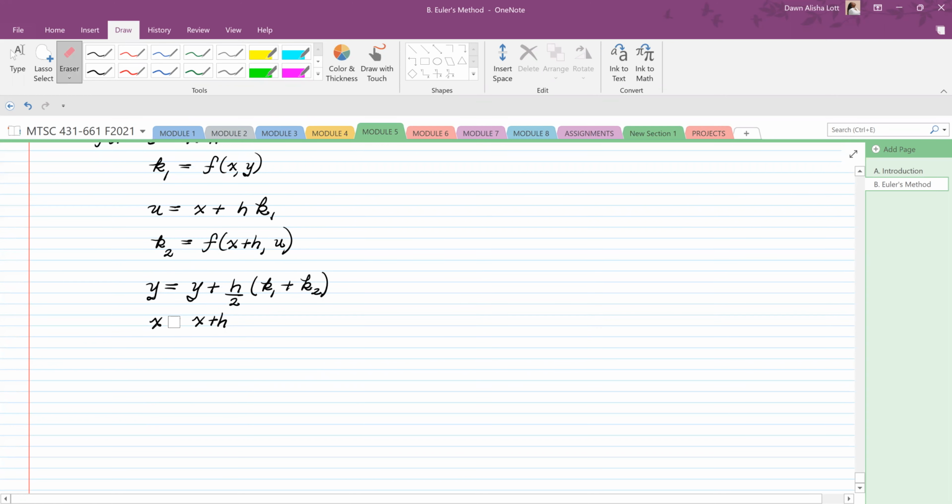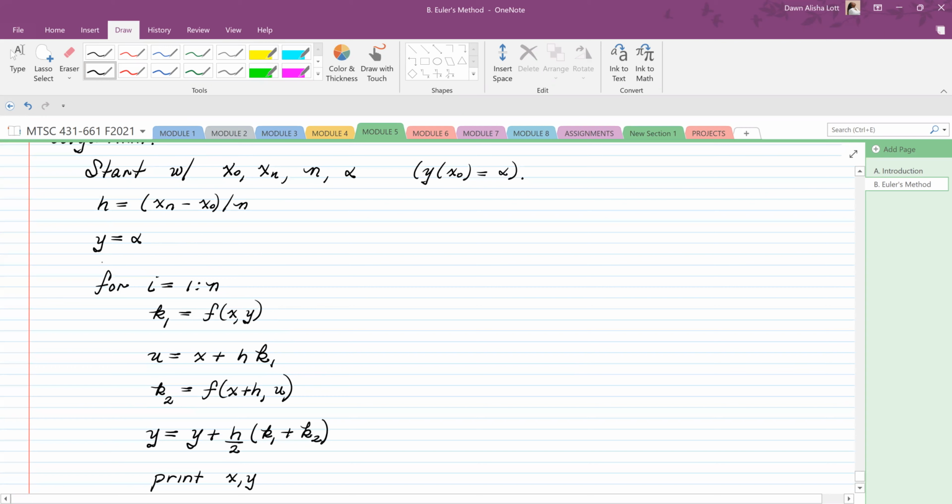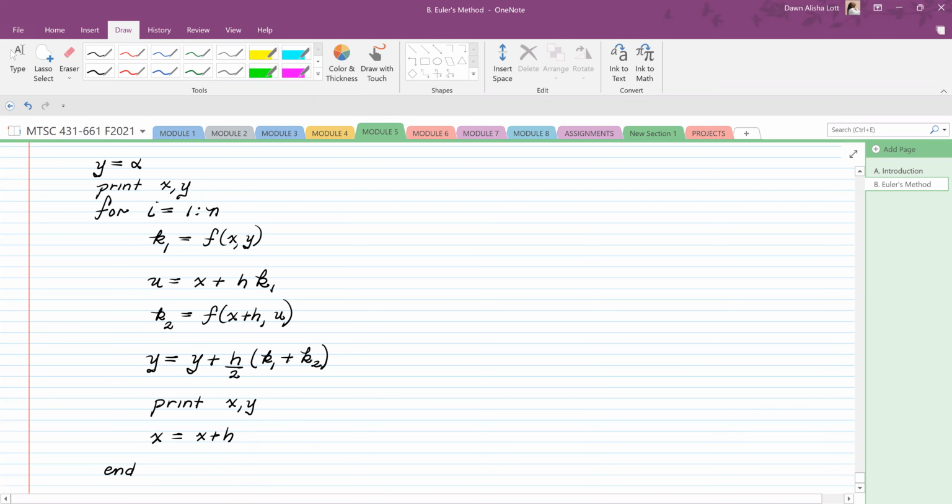Let's print it out first. I also want to print here. Okay, all right, so that's the improved Euler.